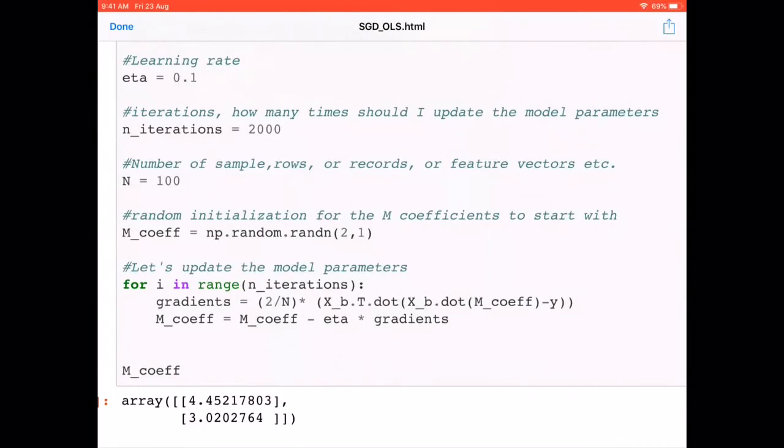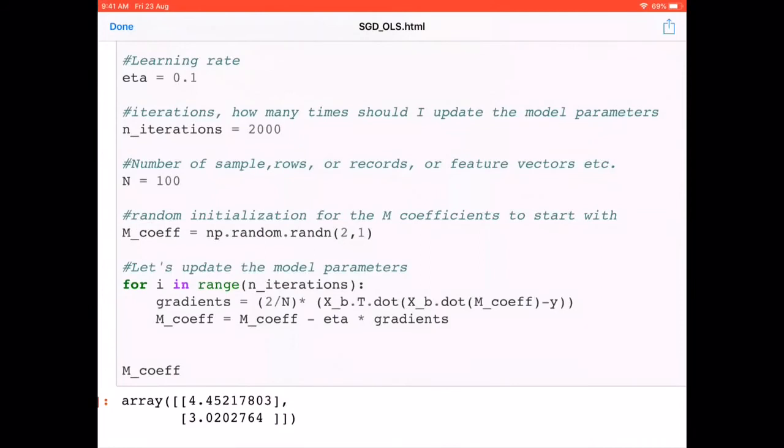But in real life the loss function could be anything, maybe an irregular shape. That is why we have to be judgmental about how many times we should be updating these model parameters. The number of samples or records that we have is 100.